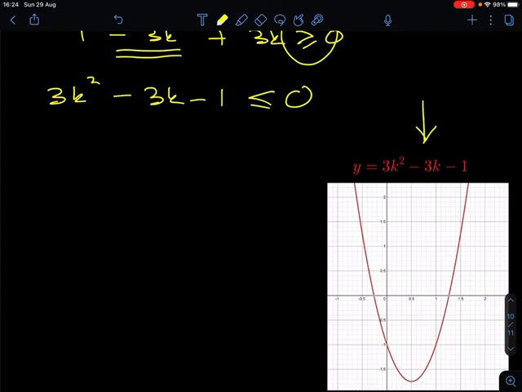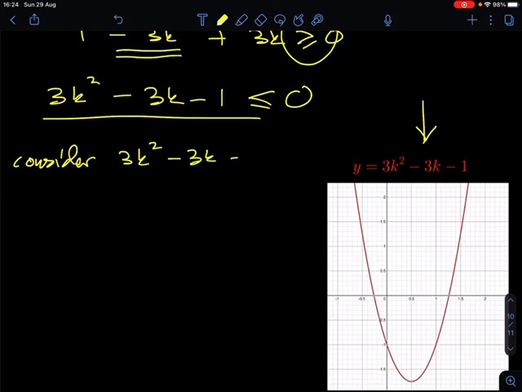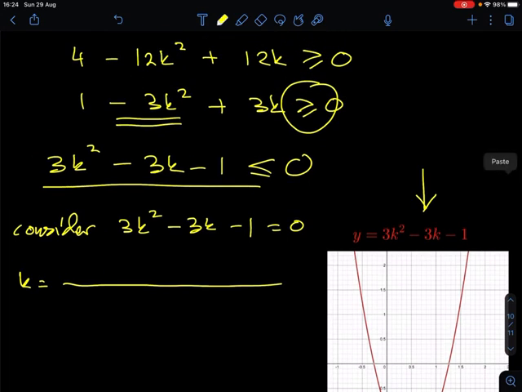So from what we have here, let's consider 3k squared minus 3k minus 1 equal to 0. So k equals, using your formula, remember your formula, what is the formula? x equals the quadratic formula, minus b plus minus square root of b squared minus 4ac over 2a.